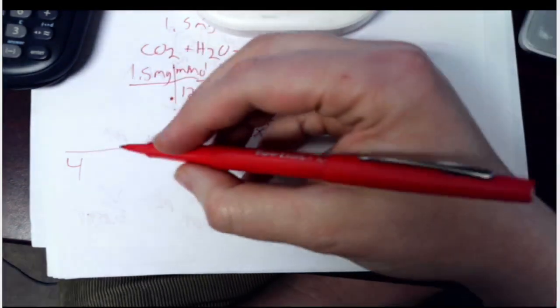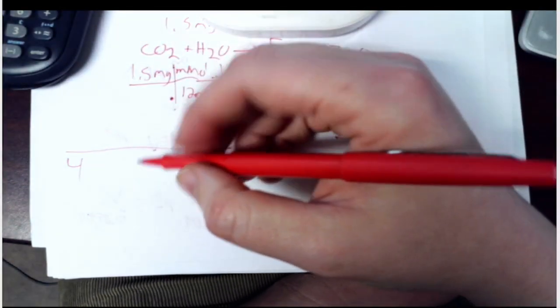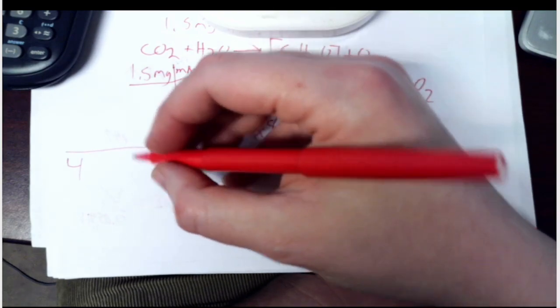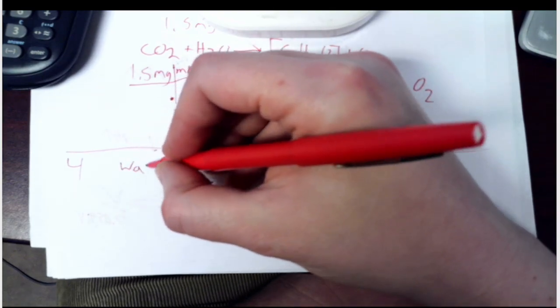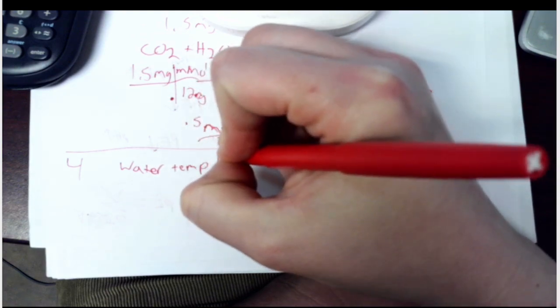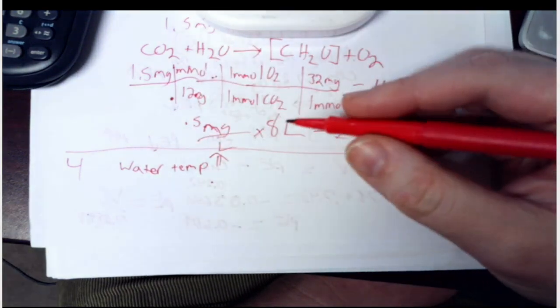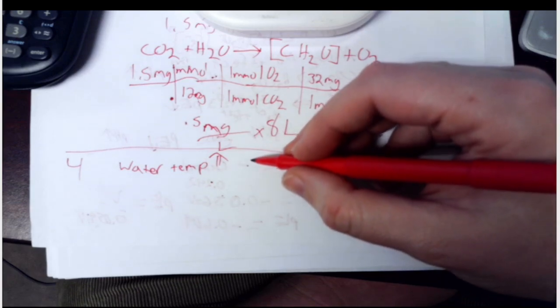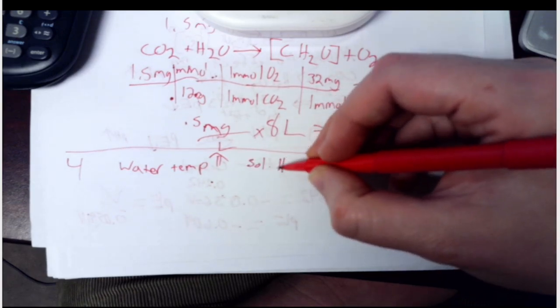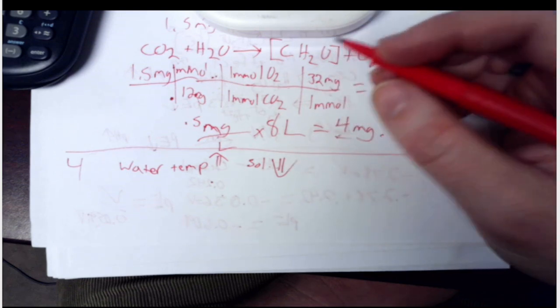So basically, if we dump a bunch of hot water into a lake, what's going to happen? The water temperature is going to go up. As it goes up, the solubility of gases goes way down.